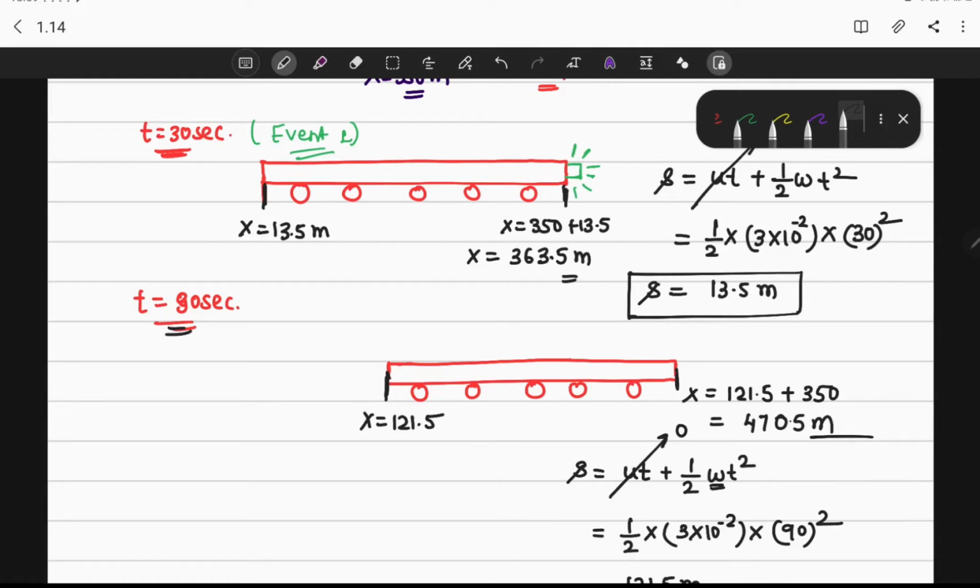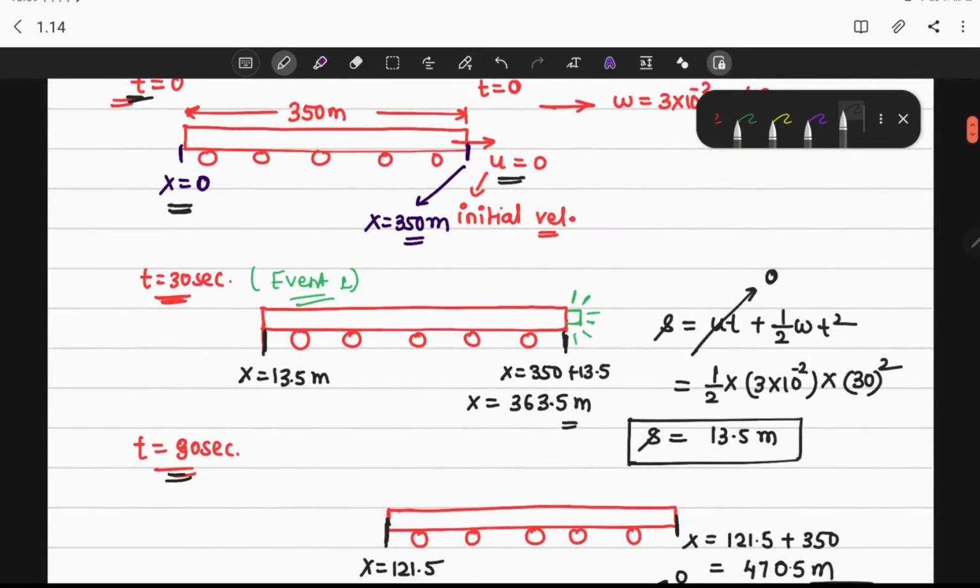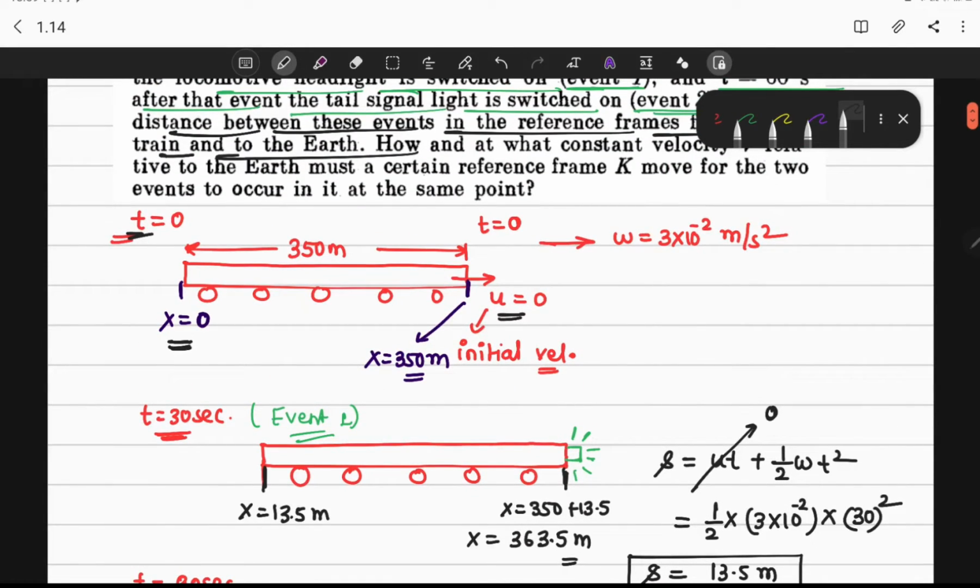That gives 471.5 meter. Now the question is asking to find the distance between these events in the reference frame fixed to the train and to the earth. Right now we are talking about the frame of reference fixed to the ground, or the earth.